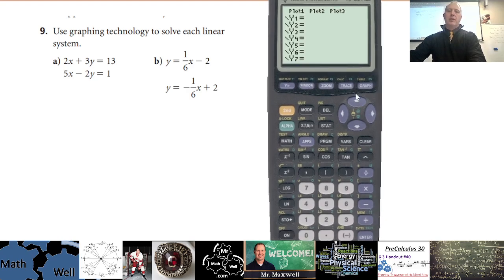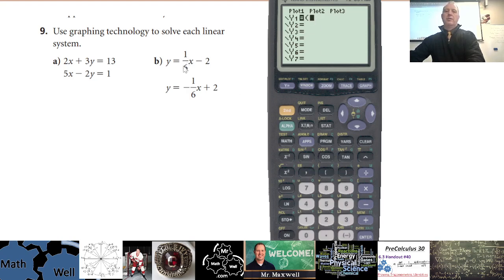And then in order to input your equation into these calculators, you do have to solve for y first. So for a, you would have to do some rearranging first, a couple steps here, get y equals. So it's got to be in y equals mx plus b form. So we'll do b. If you have a fraction, you should use brackets to type that in.